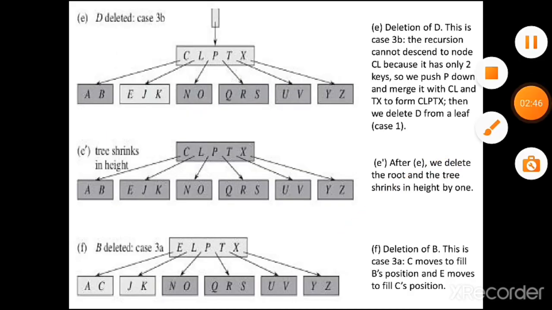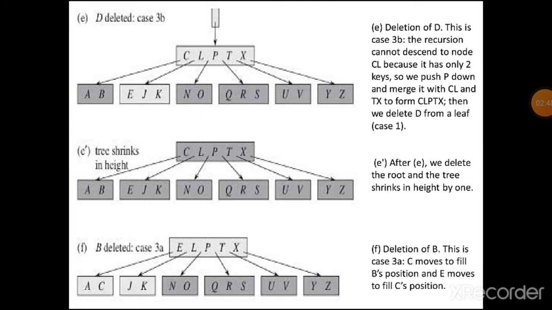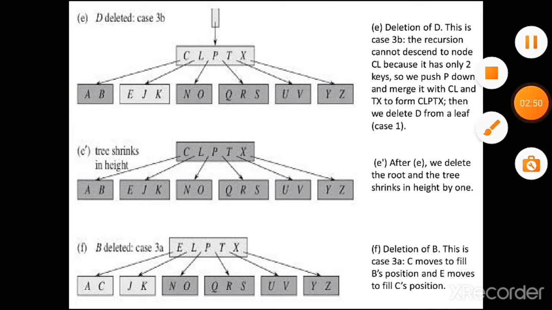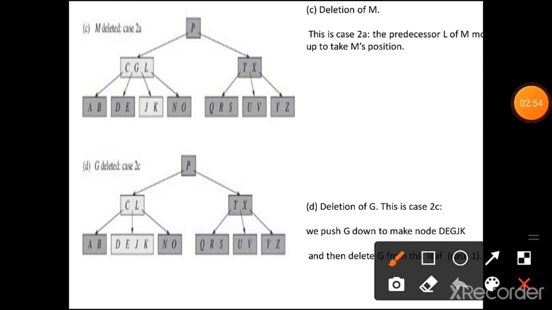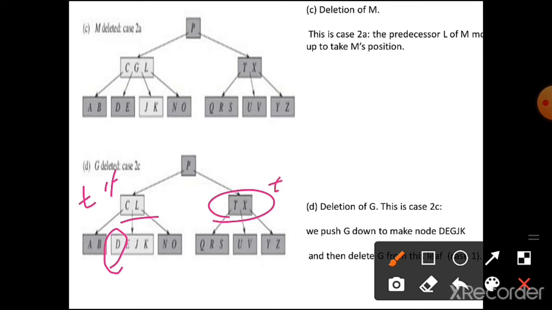The next case, delete D. So next we want to delete D. When we need to delete D, we check this root node. Here it also has t minus 1 keys, and here the sibling also has t minus 1 keys.